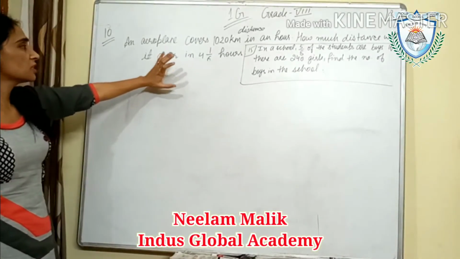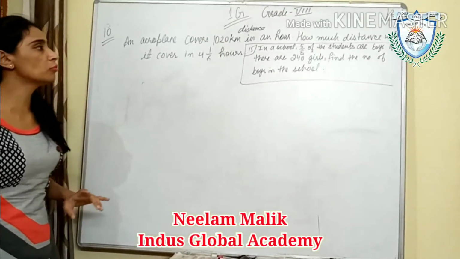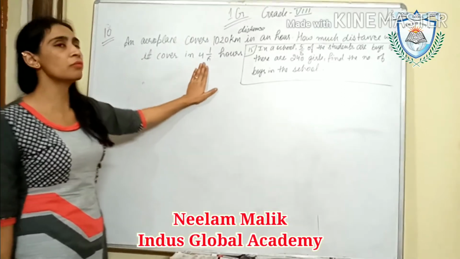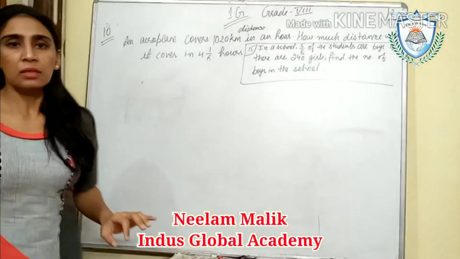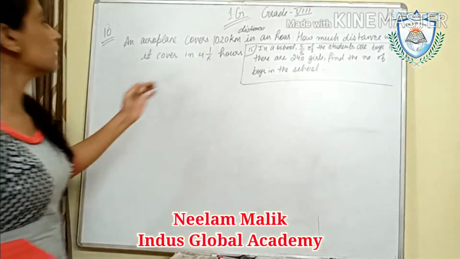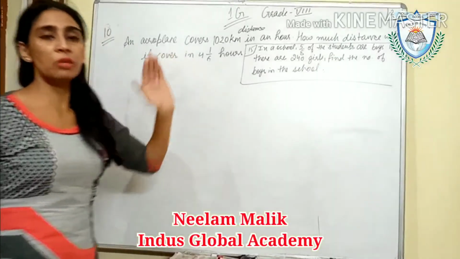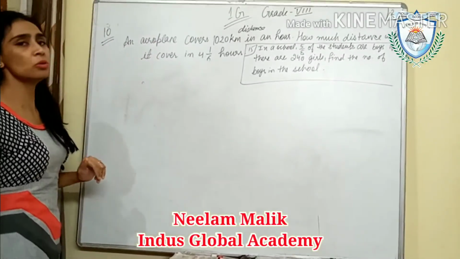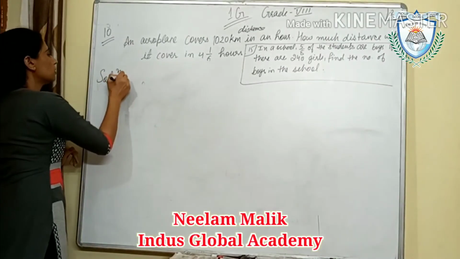Means distance covered by the aeroplane in 1 hour is given and we have to find out the distance covered by that aeroplane in 4 whole 1 upon 6 hours. So the distance covered in these hours, 4 plus something, will be more than the distance covered in 1 hour. So here we will do multiplication. This is the solution for question number 10.